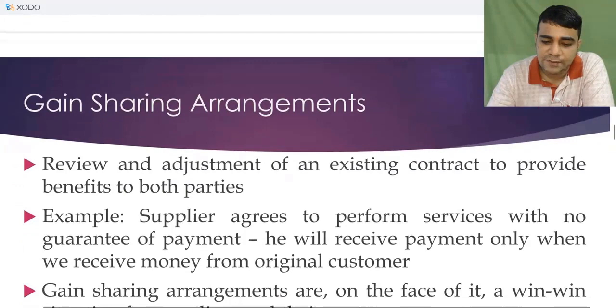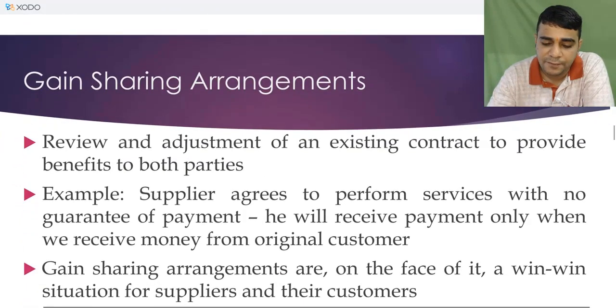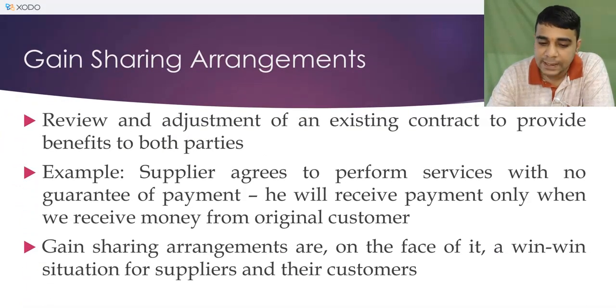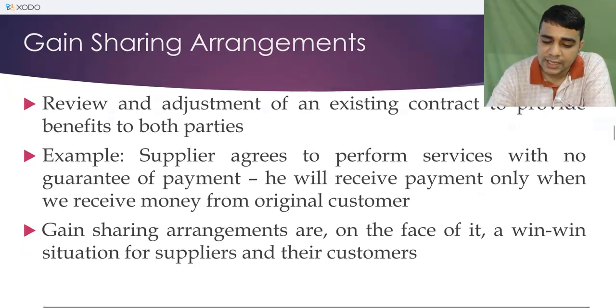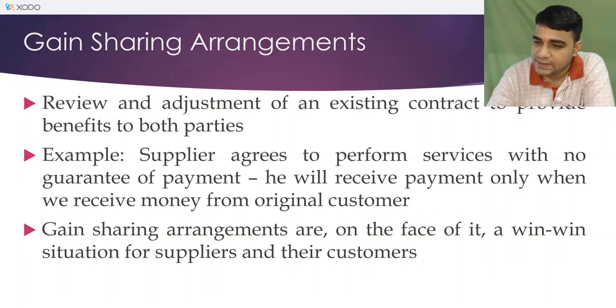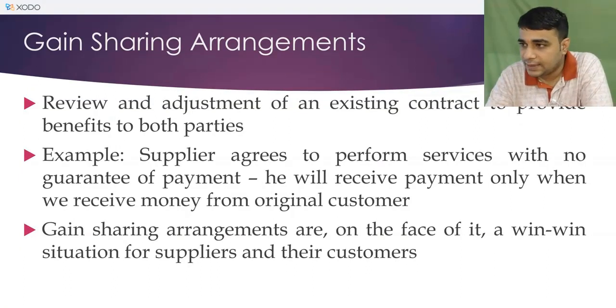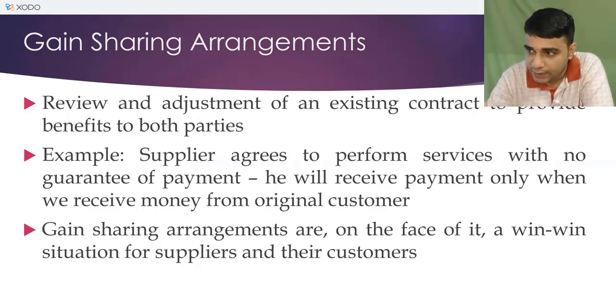Review and adjustment of an existing contract to provide benefits to both parties. Supplier agrees to perform service with no guarantee of payment. Gain sharing arrangements are on the face of it a win-win situation. Both the parties will gain out of it in a normal situation. We had seen that normally gain sharing arrangements would fail if the terms are not clearly defined, because if you clearly define that how the gains are going to be shared, then there is no problem.